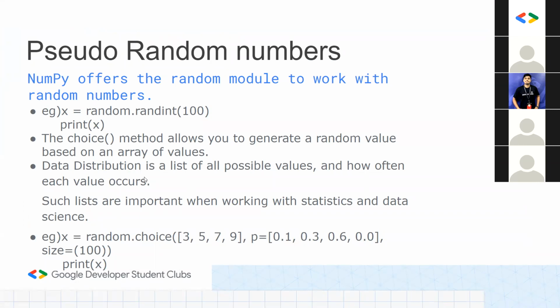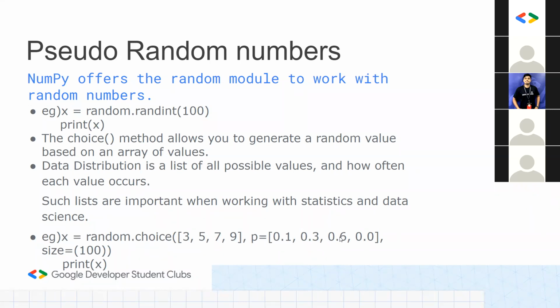Now we can also generate a random data distribution. Okay, look at this example. x is equal to random.choice, and we have a list, and this is the probability distribution, where it says that 3 can occur at a probability of 0.1, then 5 at 0.3.